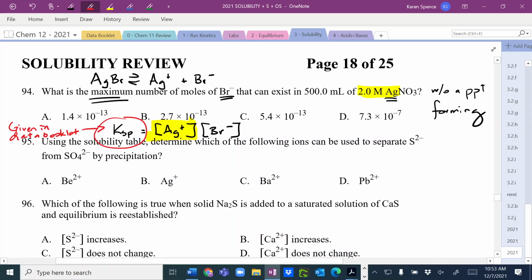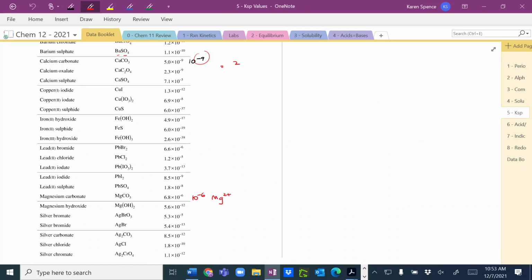And if that's the case, we just take those two variables, plug them in there, and solve for Br. So let's go look up our KSP value for silver bromide: 5.4 times 10 to the negative 13.